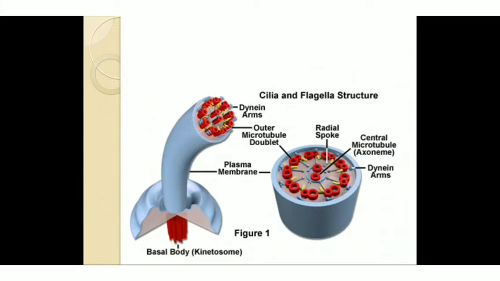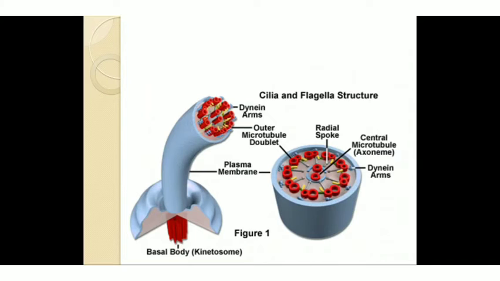The bounded place, the outer membrane, includes a fluid-like matrix inside it, and in this matrix there is a bundle of small tubules that are called microtubules. These microtubules together make up the axial filament, which is known as the axoneme, and the whole structure arises from the basal body.